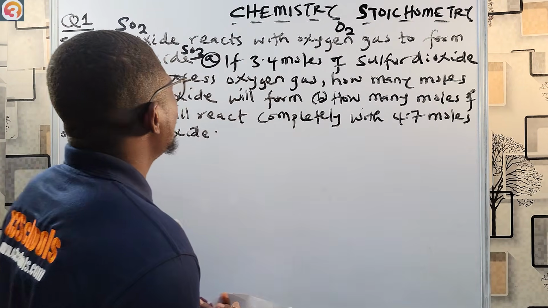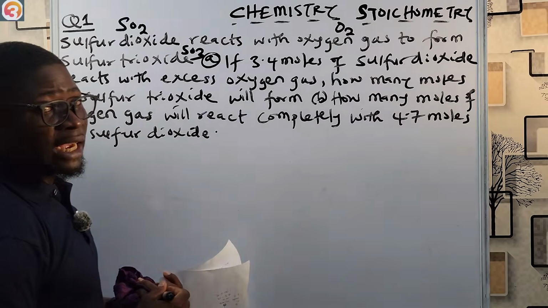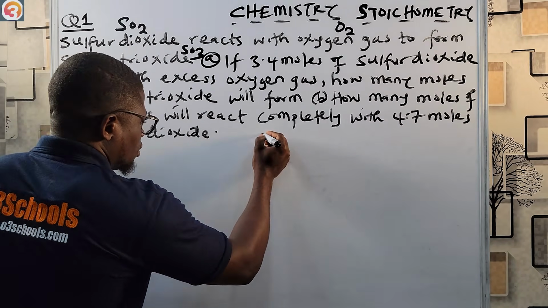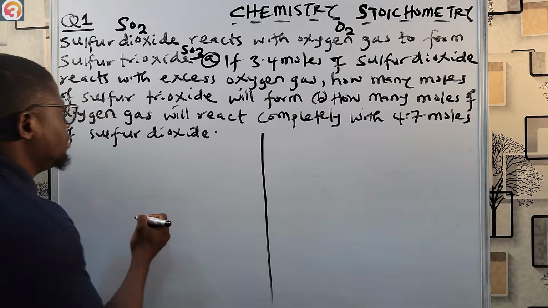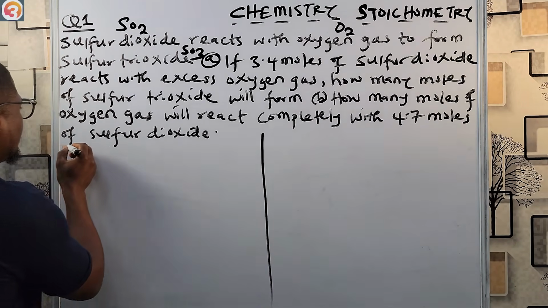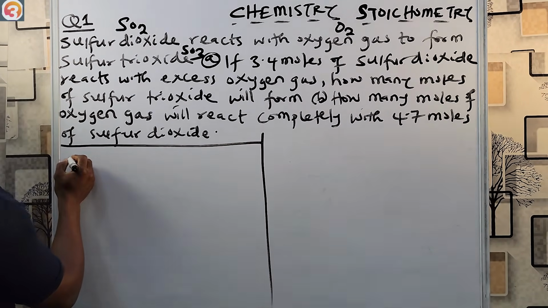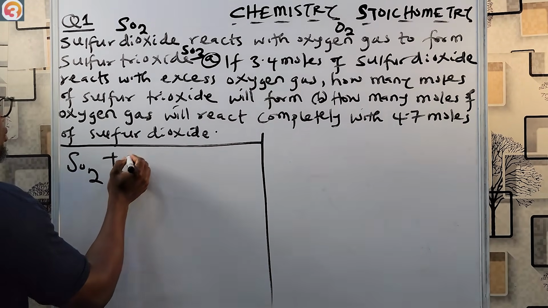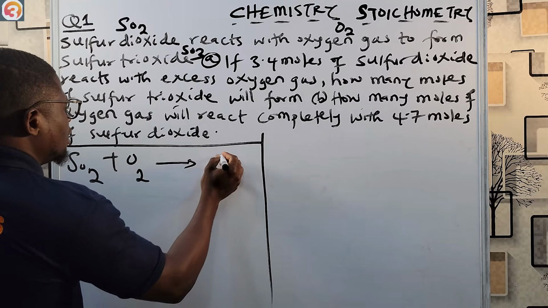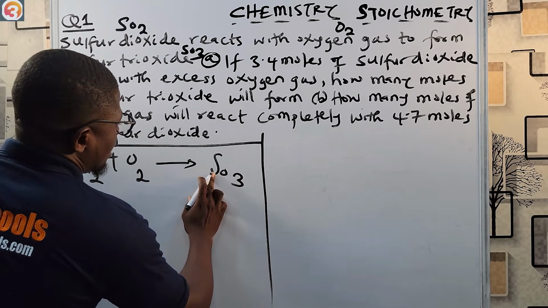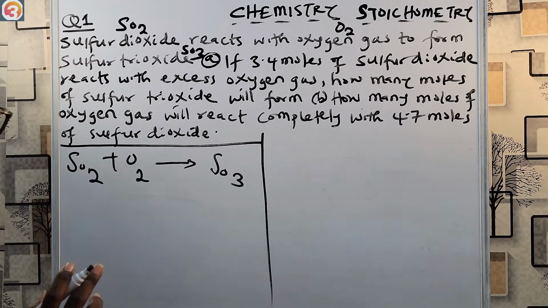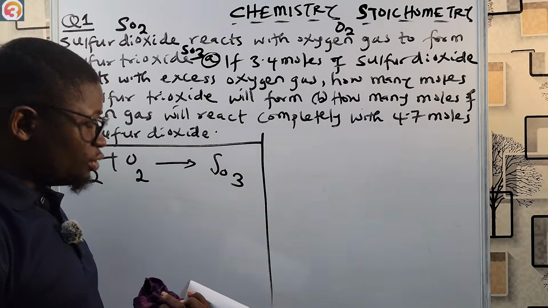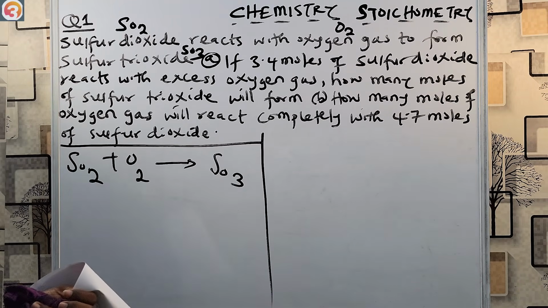Sulfur dioxide, SO2, reacts with oxygen gas, O2, to give us SO3. Sulfur dioxide reacting with oxygen gas to form sulfur trioxide.